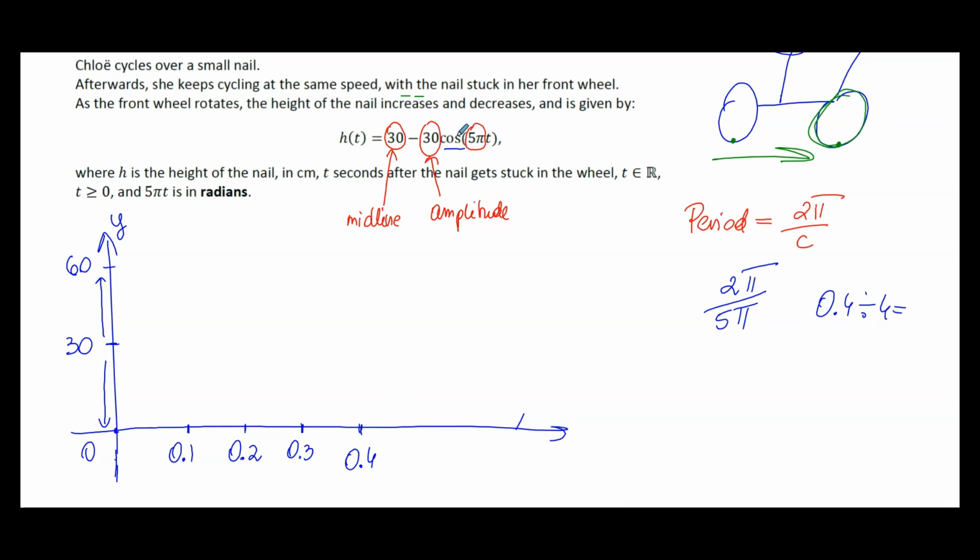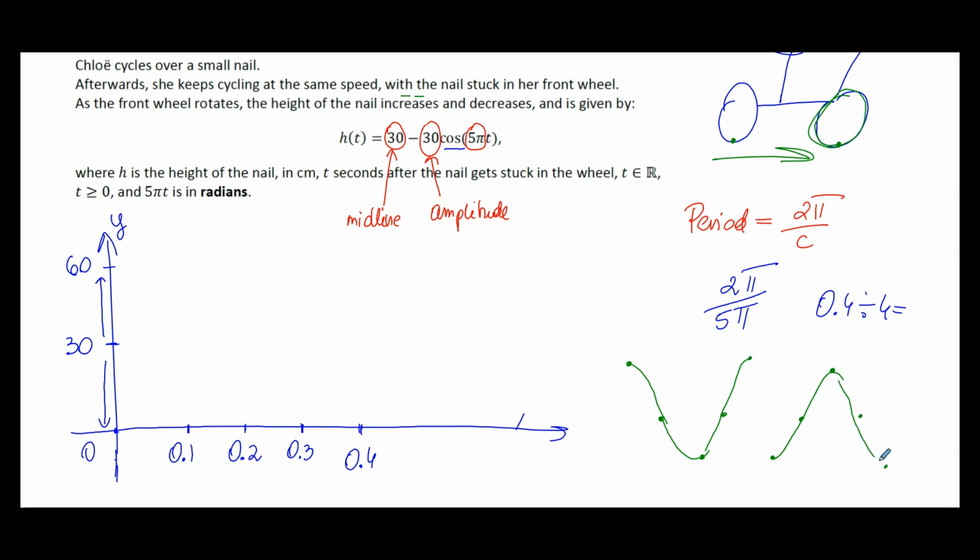Now, the next thing is to draw the graph itself. When it comes to the cos function, normally the cos function starts on the top, then goes into the middle, then goes to the bottom, then middle, and then up again. And that's more or less how the graph of the cos function looks. However, when we have a minus here in front of the amplitude, that is a flip. So instead of starting at the top, it will start at the bottom, then the middle, then the top, then the middle, and the bottom again.